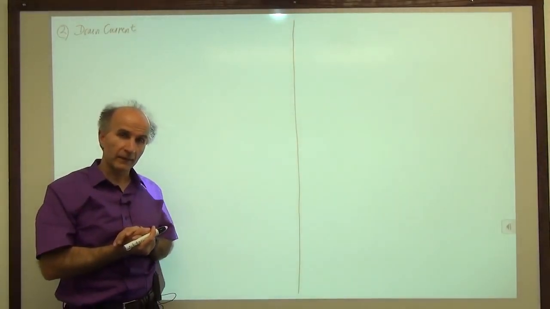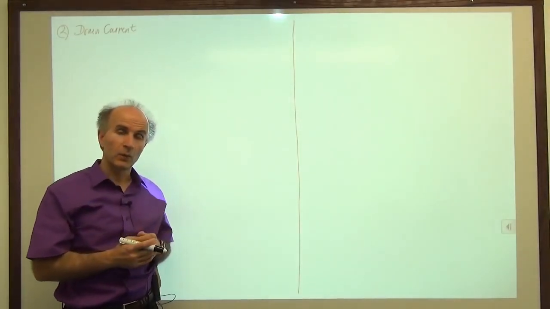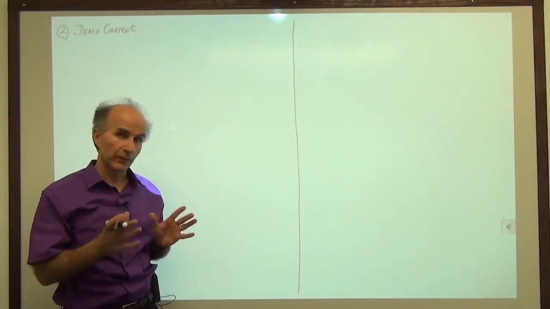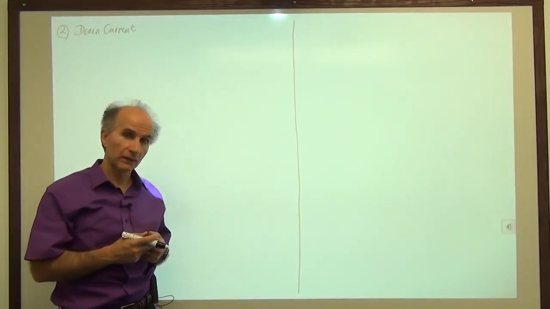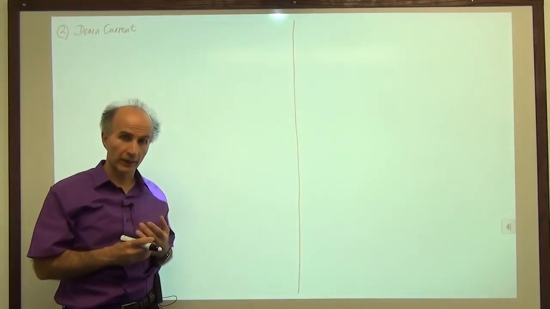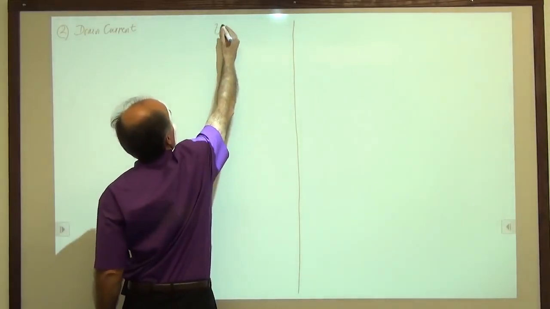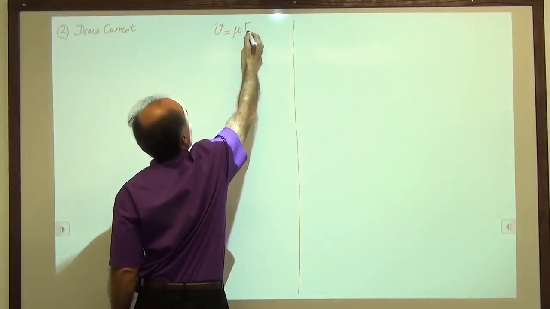We said that in a general semiconductor with some doping, when we apply an electric field, we obtain a current. And we know that when we apply an electric field, the carriers reach a certain velocity. If you remember, we said that the velocity of carriers is equal to the mobility times the electric field.